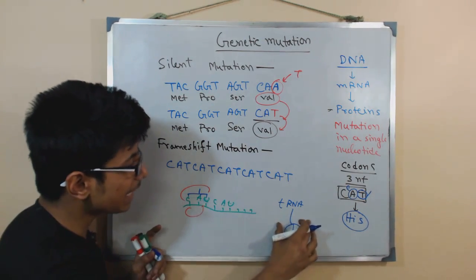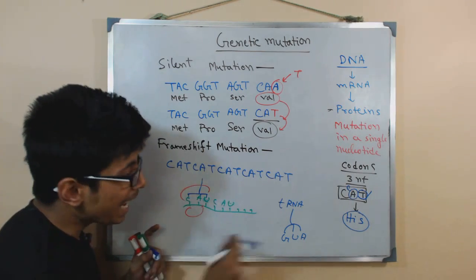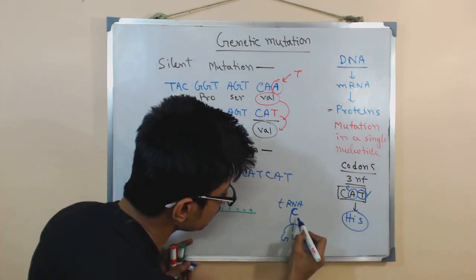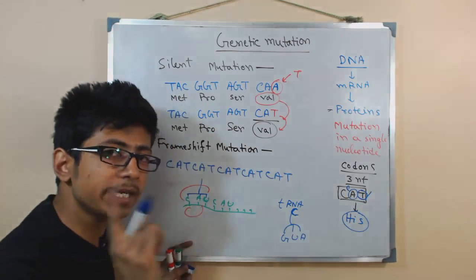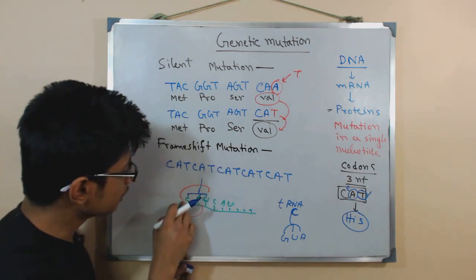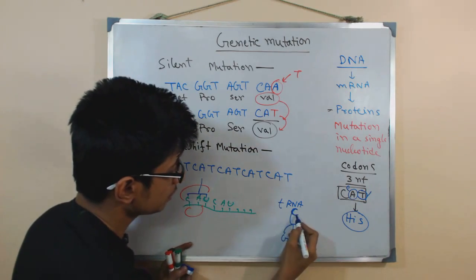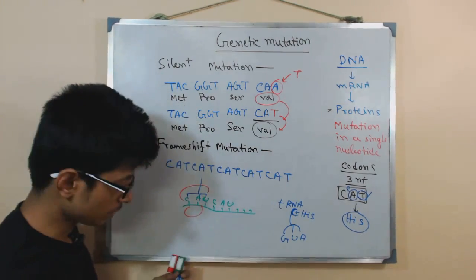So that tRNA will go and attach there. So here is the tRNA attaching here, and there is a site for amino acid binding in the tRNA, and that tRNA will bind to a specific amino acid corresponding to the CAU codon, and here the amino acid is histidine, right?